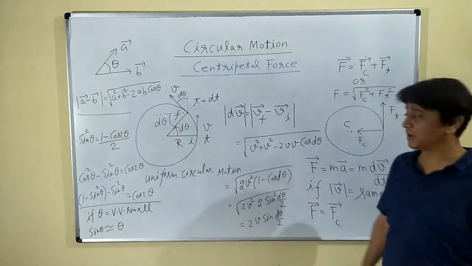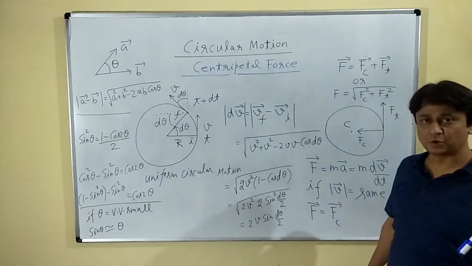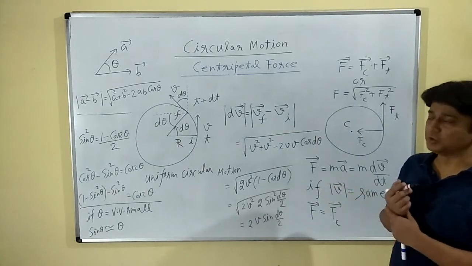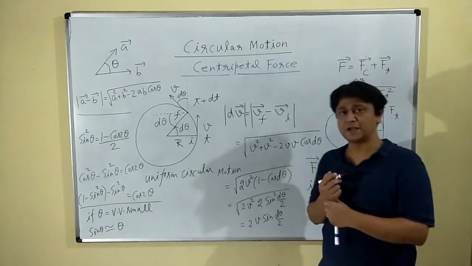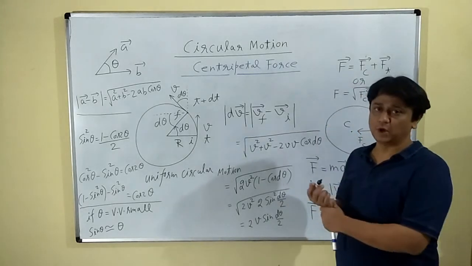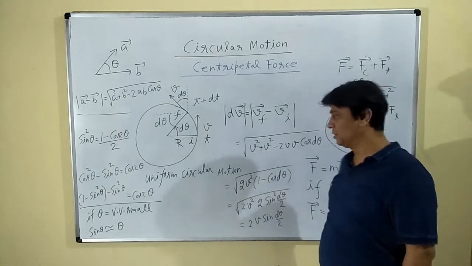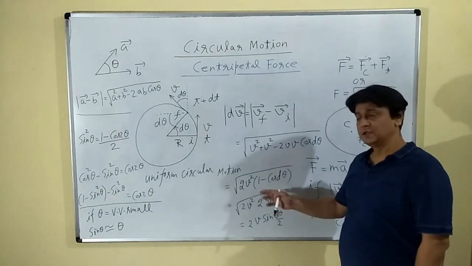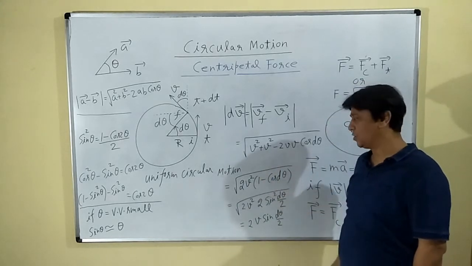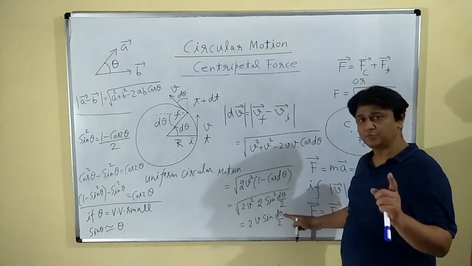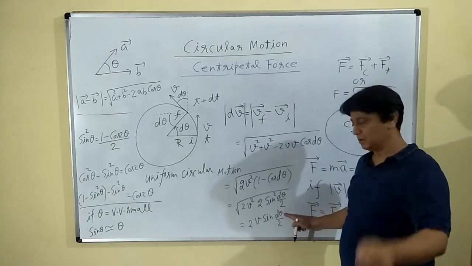If theta is very small, sin 0 is what? 0. For large angles you cannot do this. You cannot say that sin 90, which is sin pi by 2, is 1. You cannot say that pi by 2 is 1. When theta is very small, we say that sin theta is approximately theta. Now what is d theta? D theta means something which is very small.